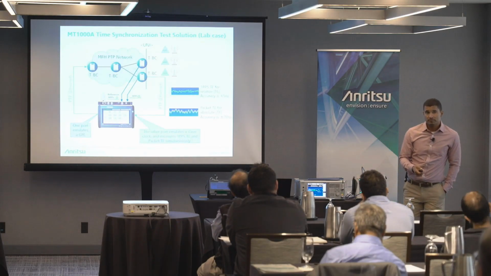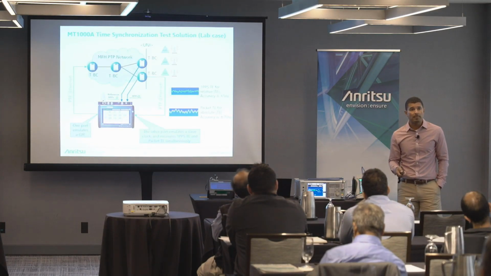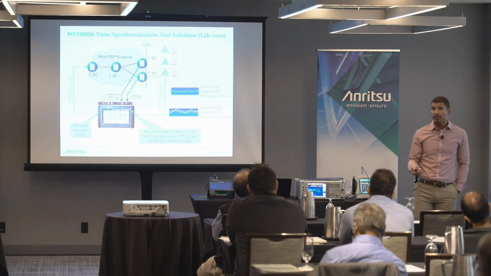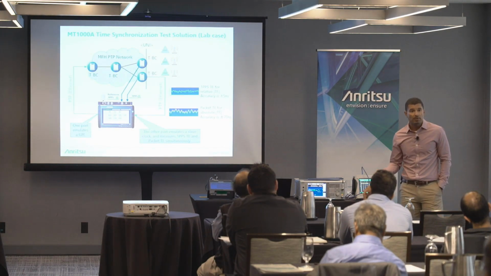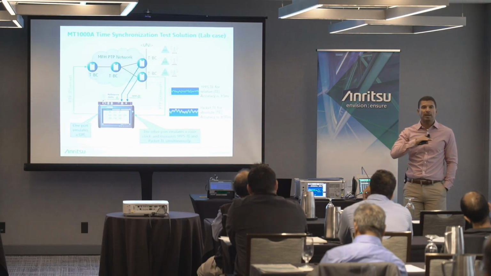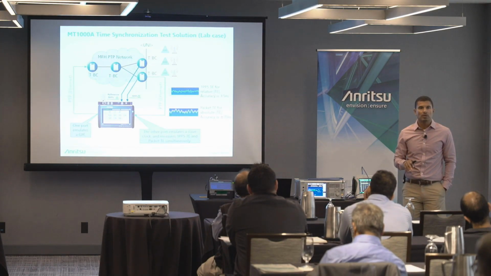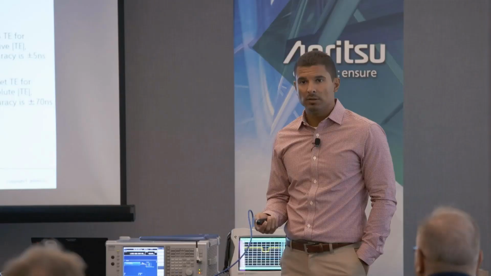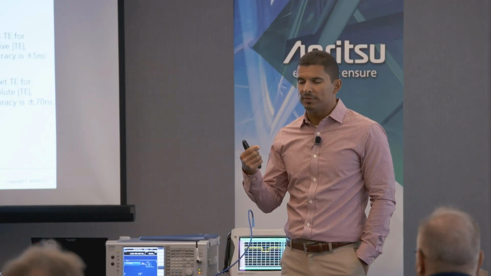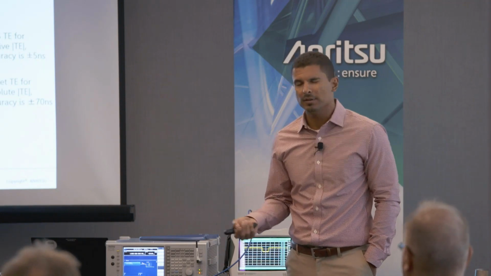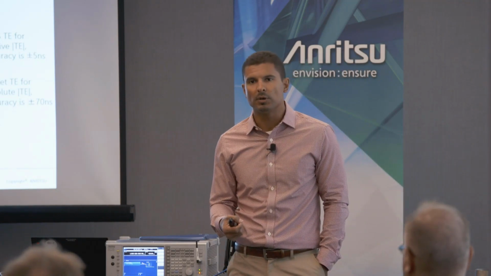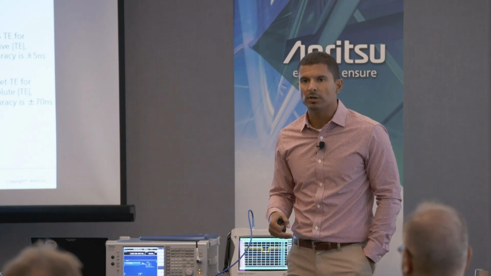Why is that? Well, it goes back to my previous comment. PTP packets are Ethernet frames. Ethernet frames get congested. Ethernet frames get dropped. Even if you have a perfectly stable network, those packets are bursty in nature. Depending on how you set up your PTP timing, you can do anywhere from 64 frames per second to 128 frames per second, sometimes even less, like 16 or 32, but typically you're seeing about 64.